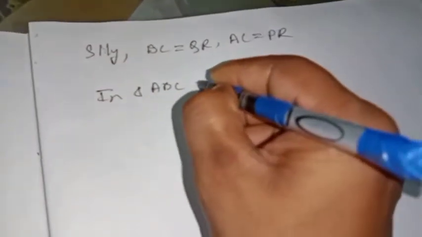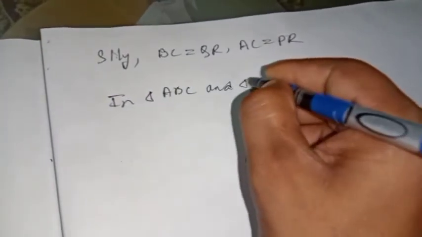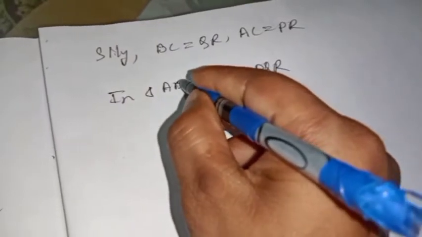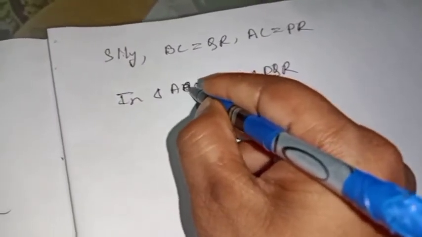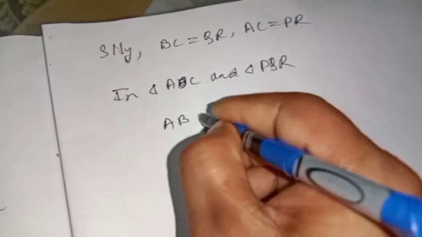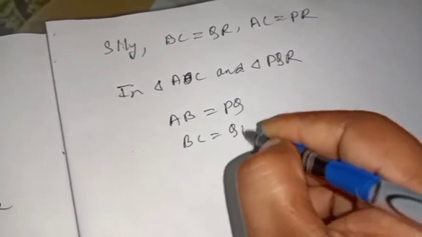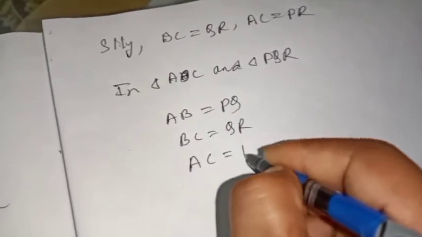Now in triangles ABC and PQR, are all the sides equal or not? Just now we have proved AB is equal to PQ, BC is equal to QR, and AC is equal to PR.